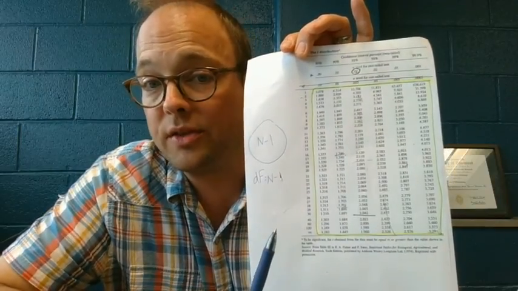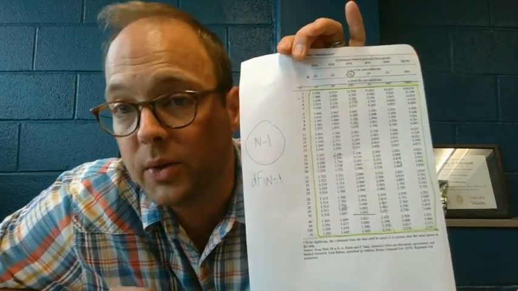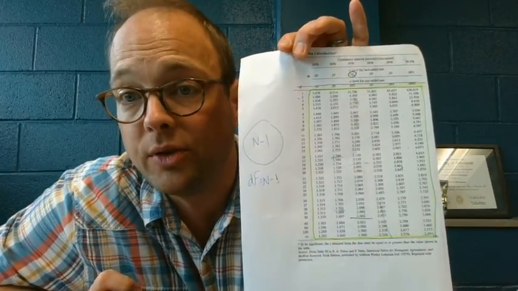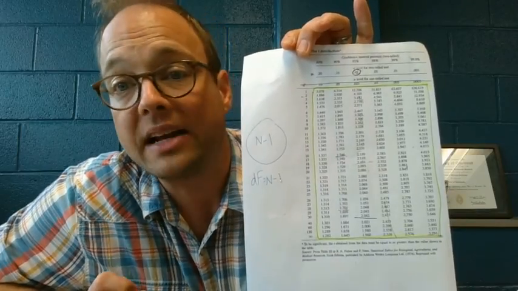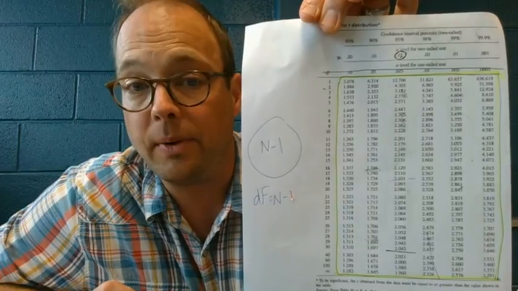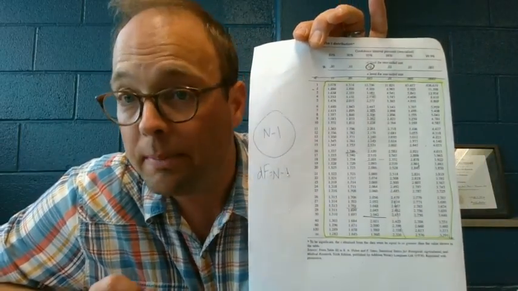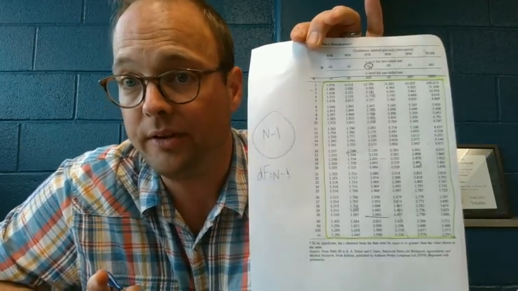It is the degrees of freedom that will tell you which row your t-value, the correct t-value, is going to come from.